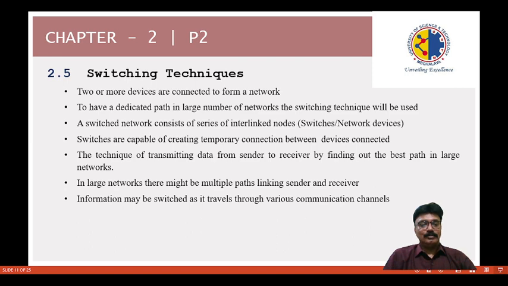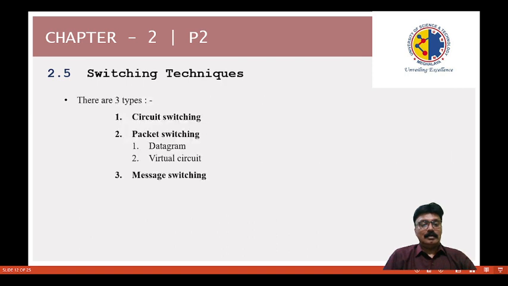We need to find the best path between two devices along the largest network. In a large network, there might be multiple paths linking sender and receiver. We'll see this in our next slide.